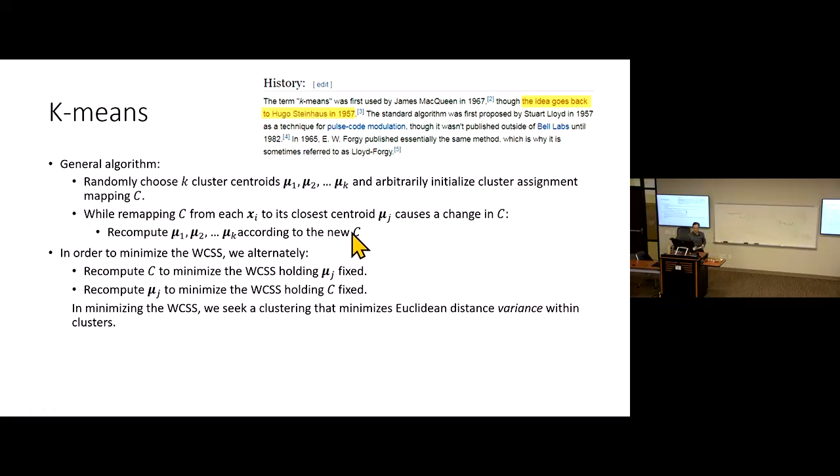Then you start to compute. You start from the distance between your data points. For example, let's start from this data point, this is example xi.